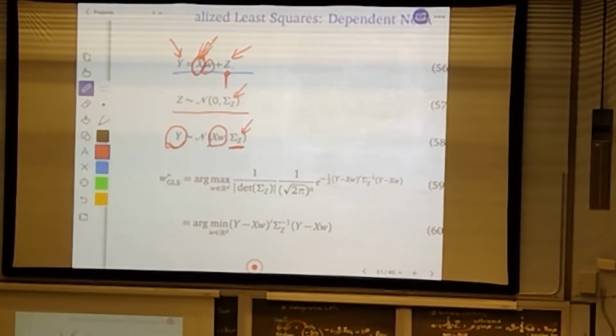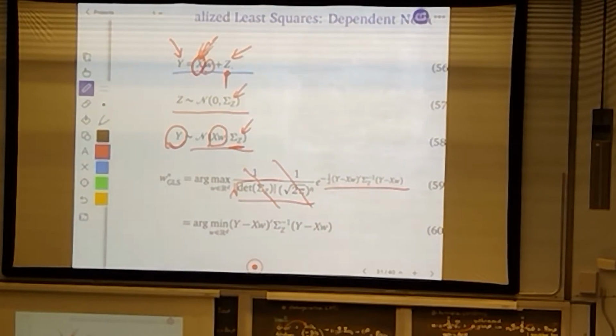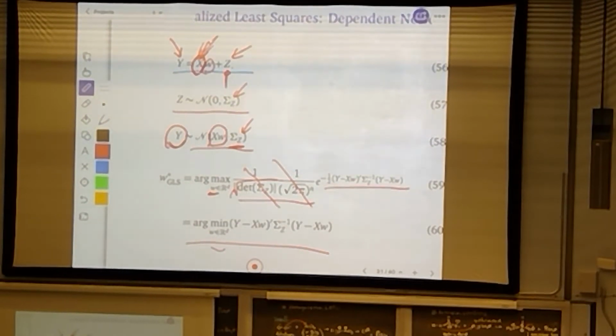And then, since now we have an expression for the generic Gaussian noise model, we just plug that in. That becomes this and this. Even though they look complicated, this has nothing to do with W, so you can take them out. And essentially, the max of this becomes the min of this. Okay?